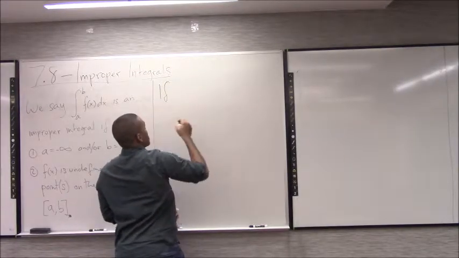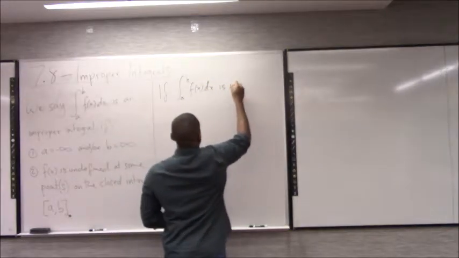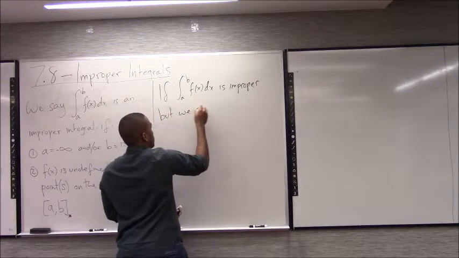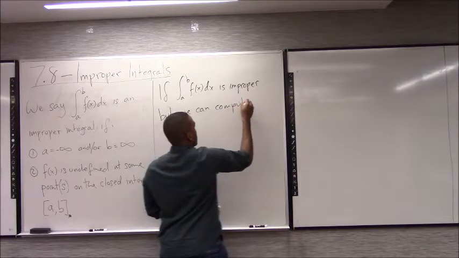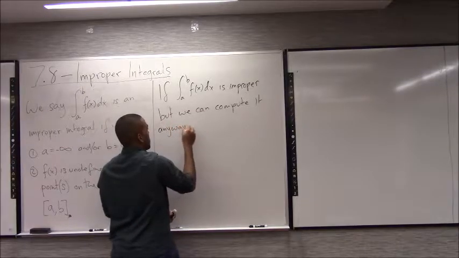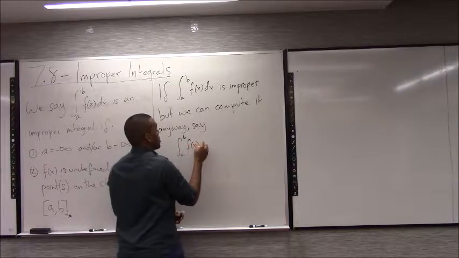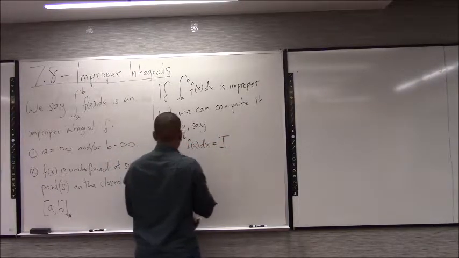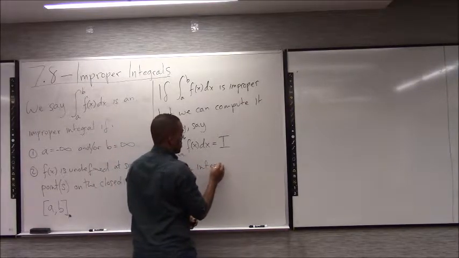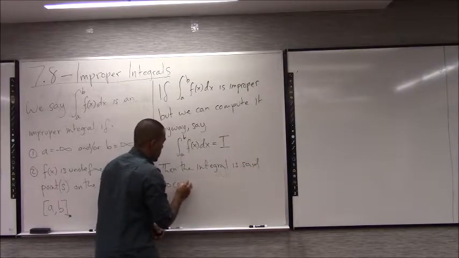If this guy is improper, but we can compute it anyway, say this guy dx equals I, then the integral is said to converge to I.